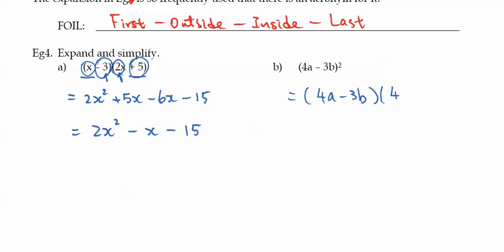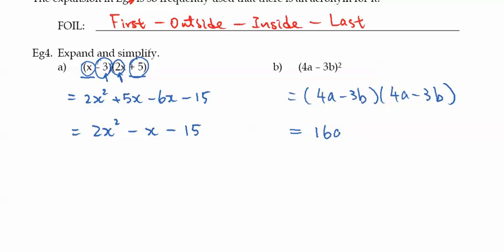That basically means the same thing as multiplying 4a minus 3b by another 4a minus 3b. And once I've turned the square into a product of two binomials, I can now expand it by FOIL.